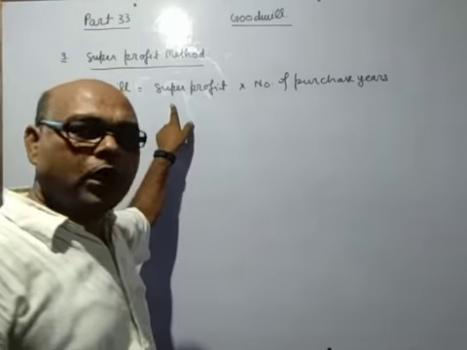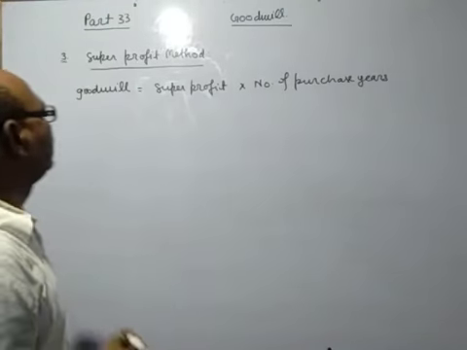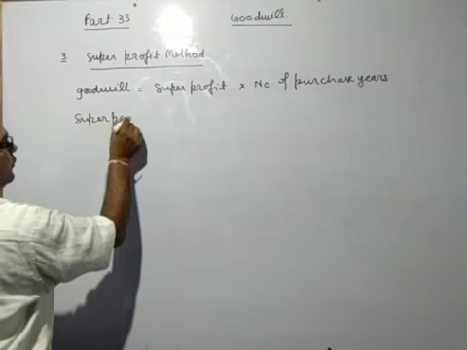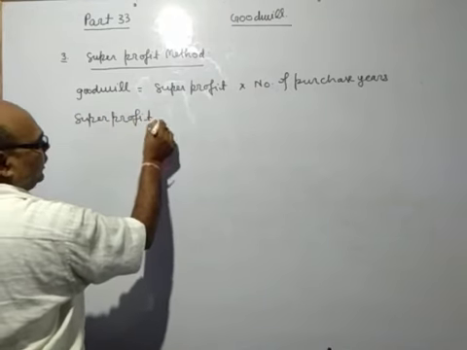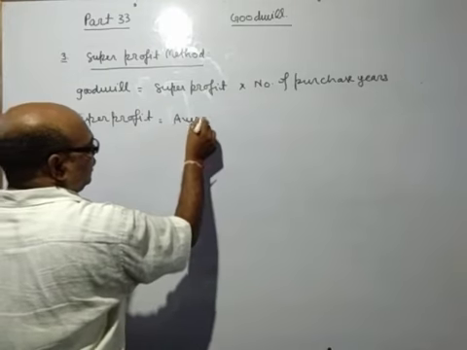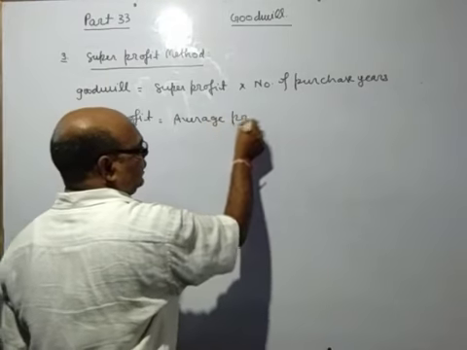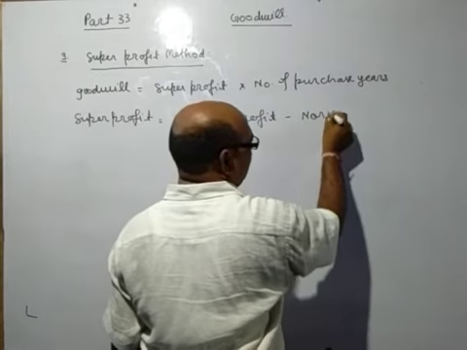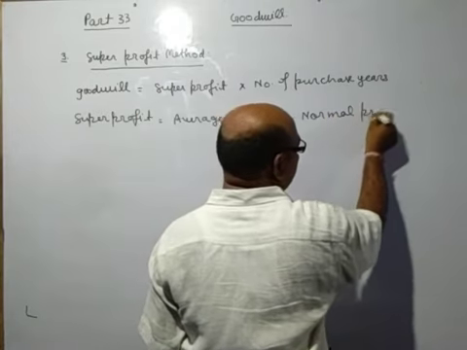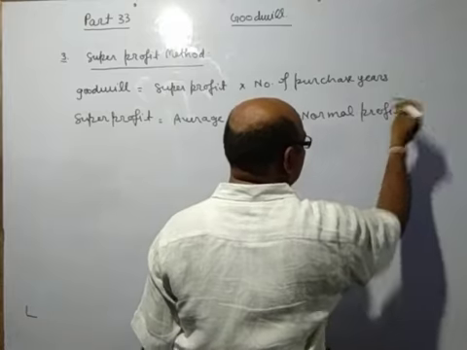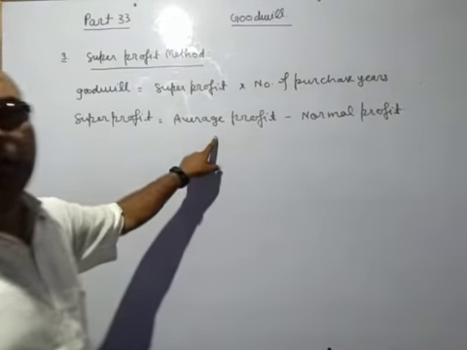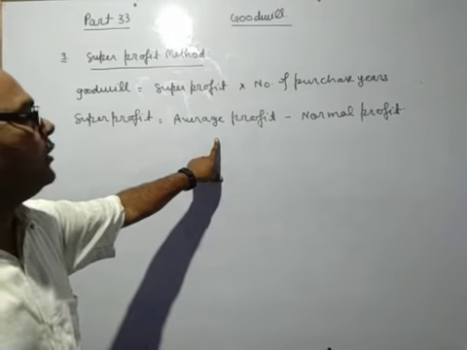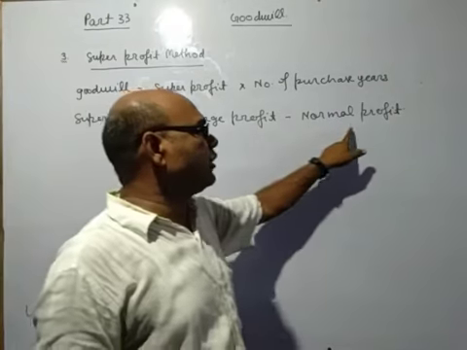Now, what is the formula of super profit? Super profit equals average profit minus normal profit. Average profit we have already discussed in the previous two questions. Now, how will you calculate the normal profit?